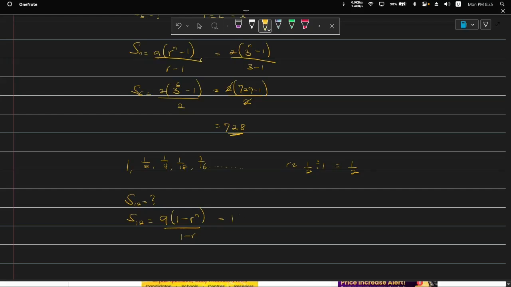So I can say this is 1 into bracket 1 minus, what's our common ratio, 1 over 2 to the power of 12, because our n now is 12, over 1 minus R. What am I saying? 1 minus 1 over 2, because R is 1 over 2.